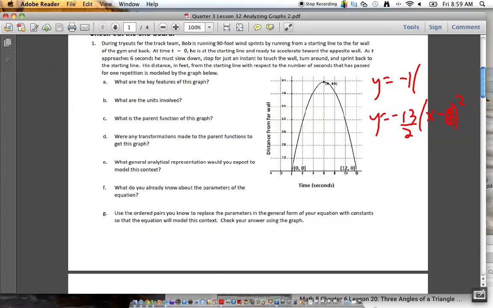And then plus 90. Now let's explain each part. Yes, I'm going down 13 here, but didn't I go over 2? I thought it was over 1 for a minute, but when I looked here, it was over 2. So the narrowing effect is 13 over 2, and it's going to be x minus 6 squared, because this is a 6, and then it's going to be up 90 units.